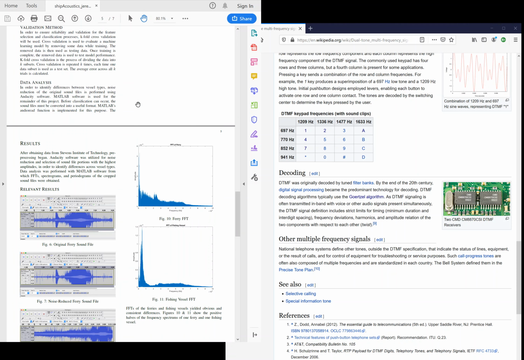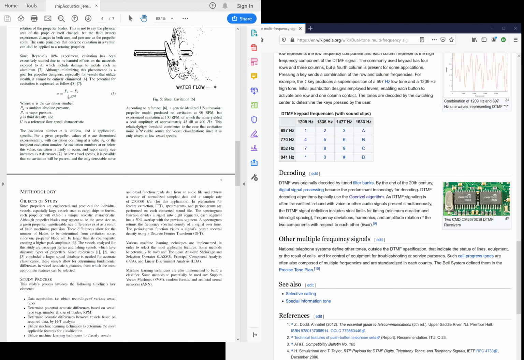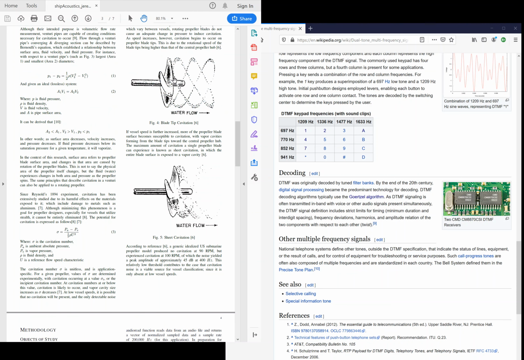And the reason for that is because of cavitation. Basically, the noise or the frequencies that are generated by the ship depend on the number of propellers, the length of the screw, the size of it, and so forth.